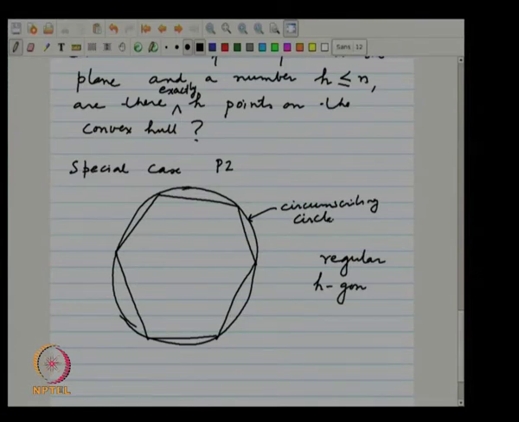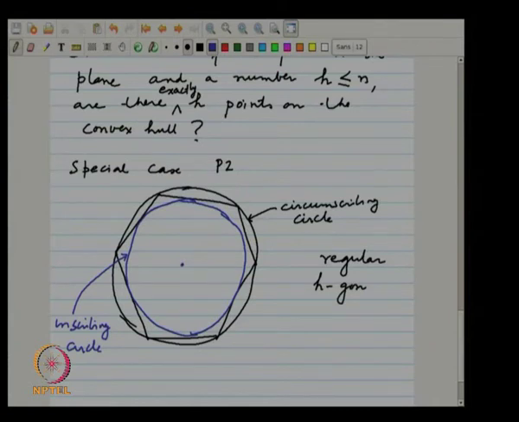Okay. I will also have, similarly, my inscribing circle. Suppose this is the center of the circle.